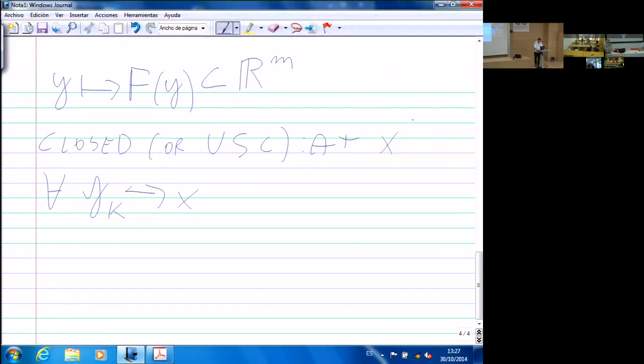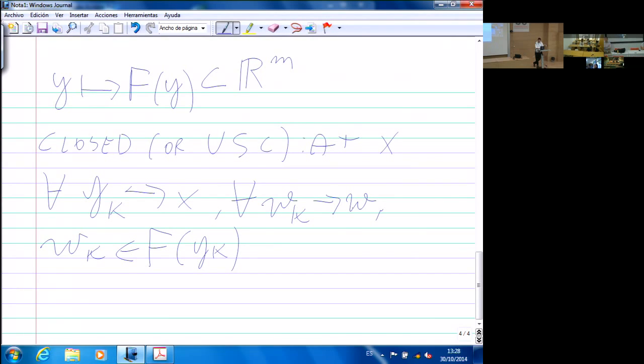for every sequence yk that converges to x, and for every convergent sequence wk converging to w, such that wk belongs to F of yk. So I have a vector yk in R^n, converging to x. For each yk, I can compute the set associated to this yk. So I have F of yk, and now I take a sequence of points inside the set.